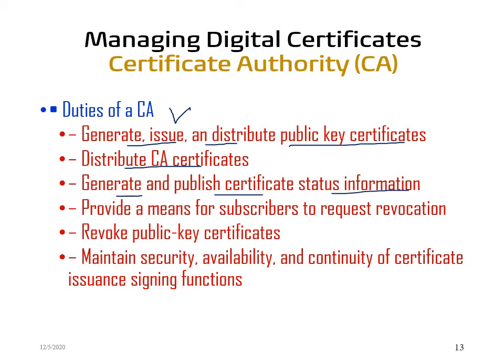He can provide a means for a subscriber to request a revocation. Revocation we will see in the further slides. Sometimes we need to revoke some public key certificates. He will maintain the security, availability and continuity of the certificate issuance and signing functions. So everything is a duty of a certificate authority.